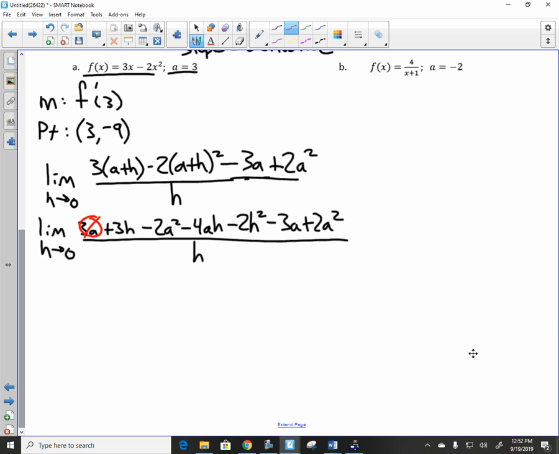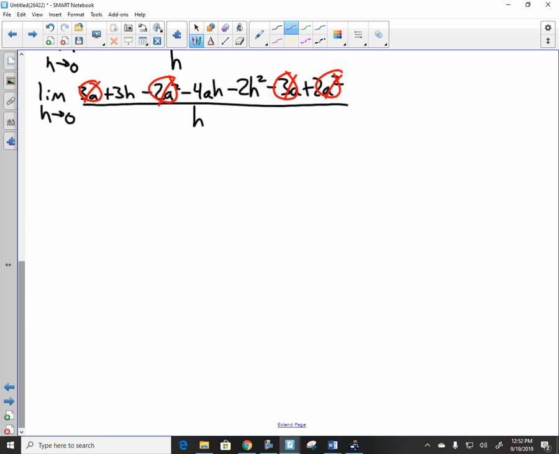The negative 3a goes away. The 2a squareds go away, right? Does everything else have an h? So we can divide an h off, correct? We get the limit as h goes to 0 of 3 minus 4a minus 2h.